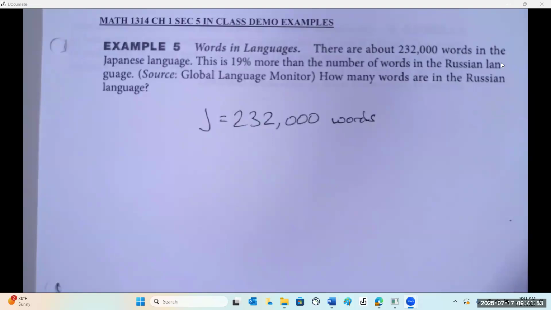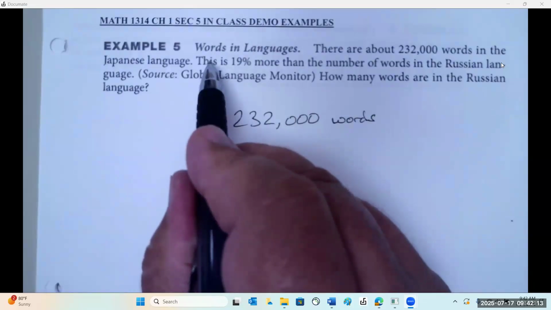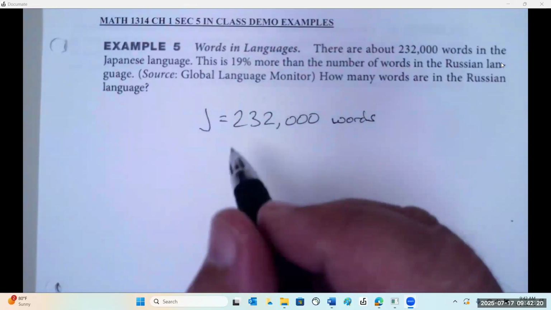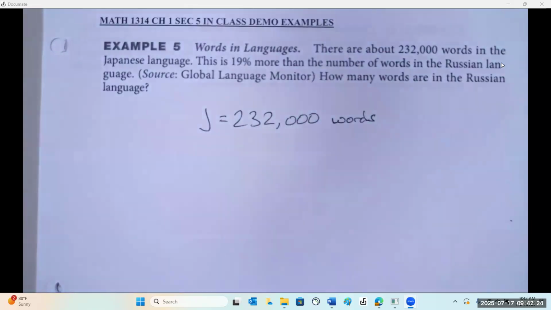What's the second sentence tell us? So how do I put that in an equation? How do I put that in mathematics? That's just you converted that to decimals. That's not giving me an equation. This is 19% more than the words in the Russian language.